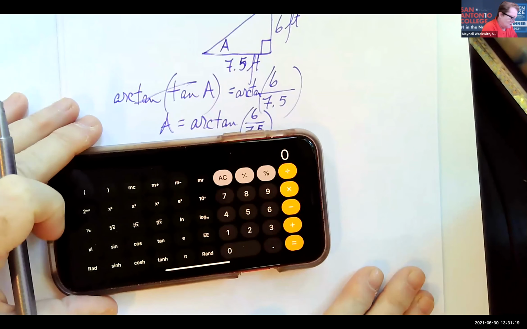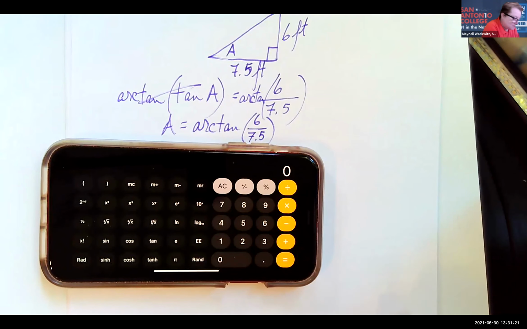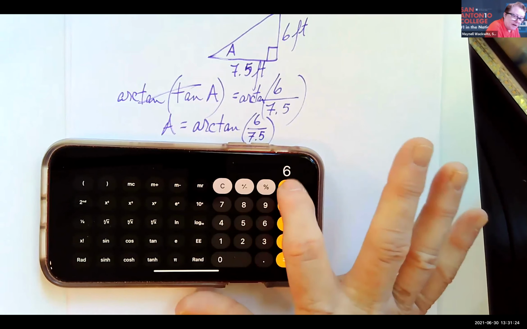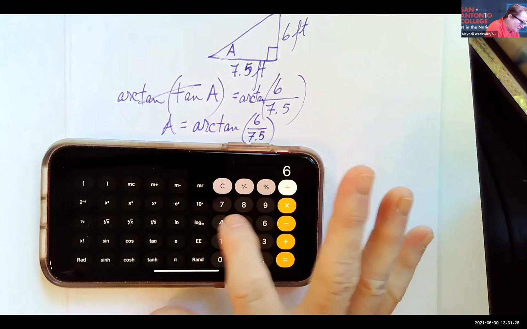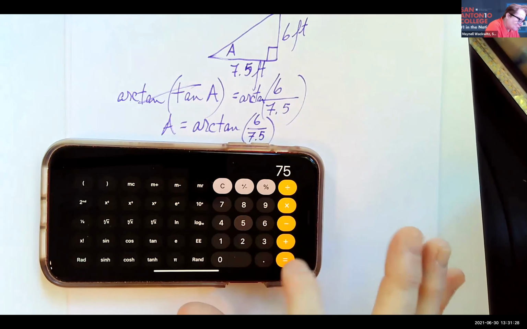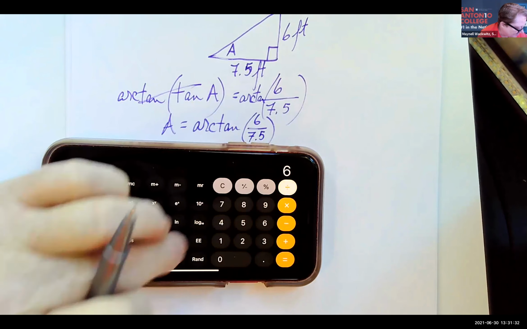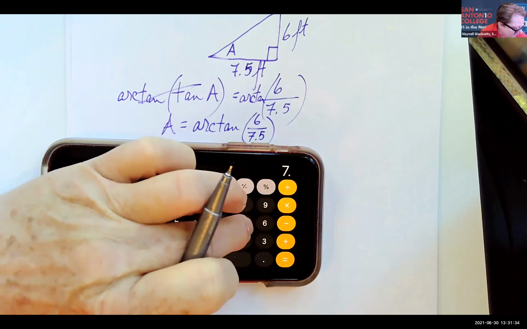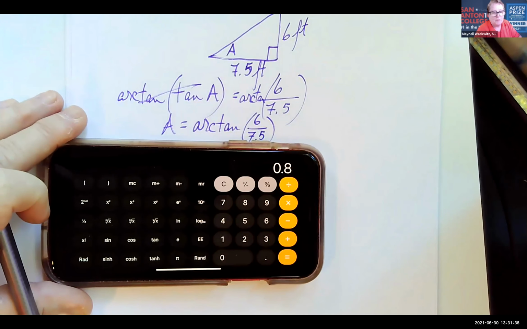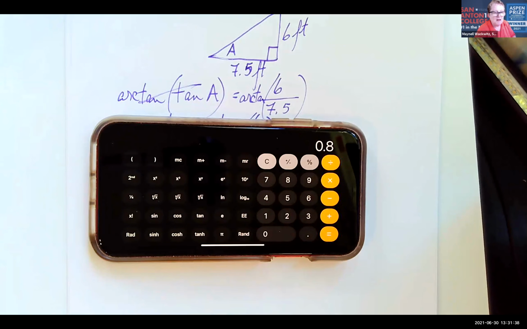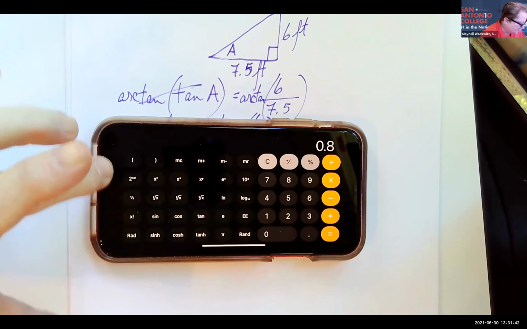So I've got 6 divided by 7.5 equals, no, I did that wrong. Okay, 6 divided by 7.5 equals, oh, I guess I did it right. And now on my calculator, there's a second button.